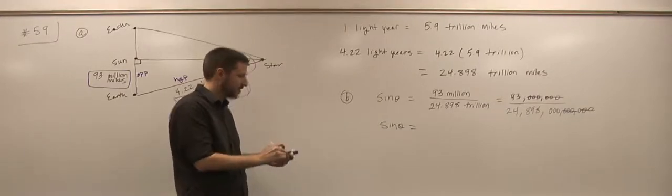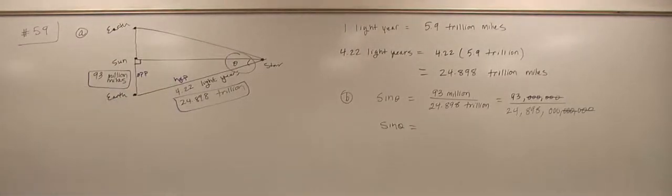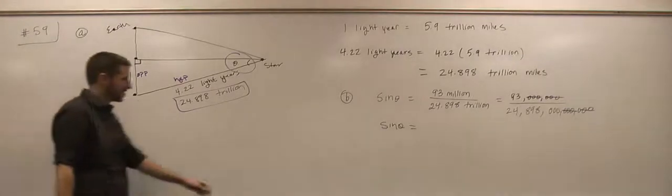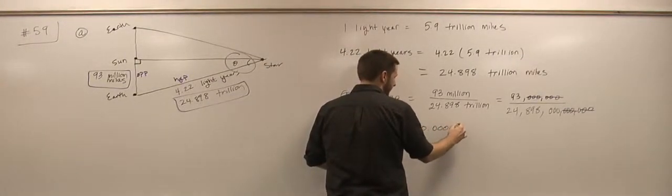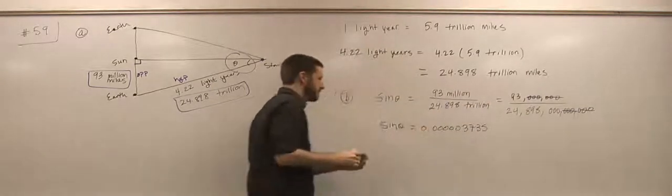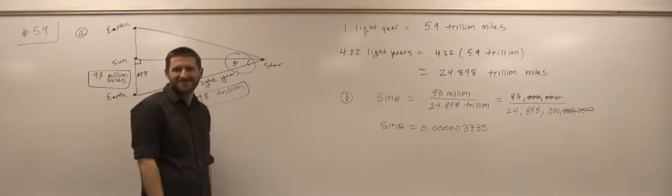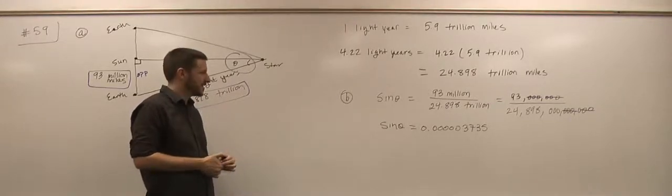Do you have a calculator? Did you get it? I got it. It's 0.00000, so 5 zeros, 3735. I don't know if I did it right. Let's find out. Anybody have confirmation? Beautiful.